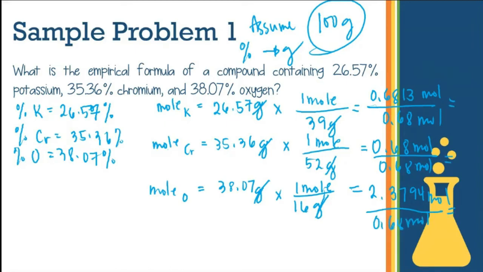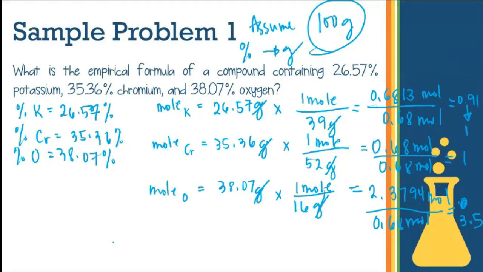So 0.6813 divided by 0.68, that is 0.91. So 0.68 over 0.68, that is 1. 2.3794 divided by 0.68, we get 3.5 yung ating number of moles. Itong 0.91, we can round it off to 1 kasi since pareho naman silang 0.68, so 1 na lang din siya.